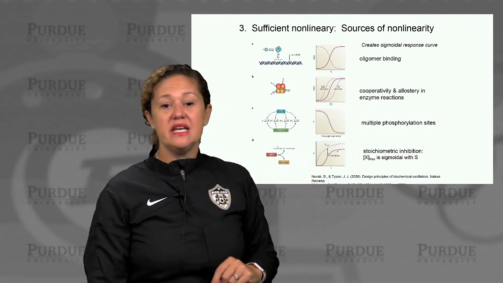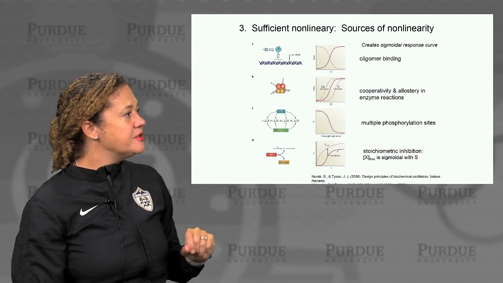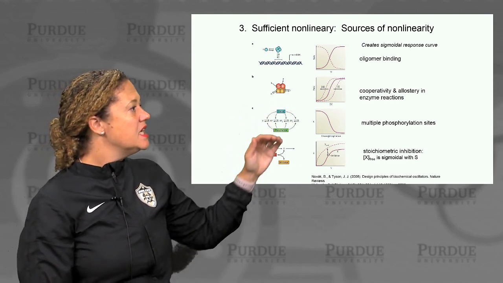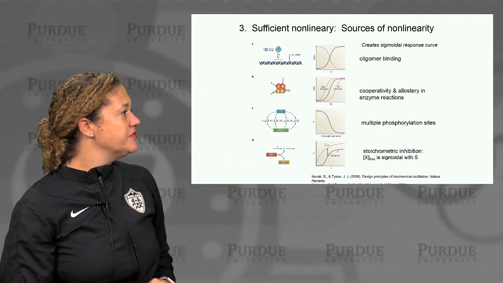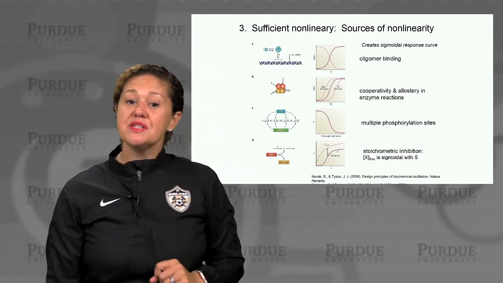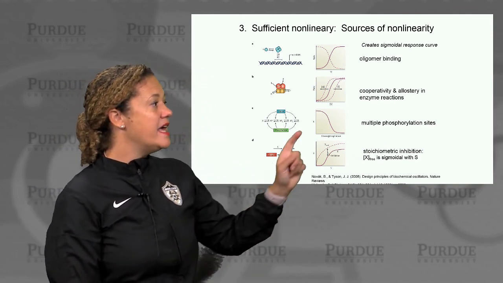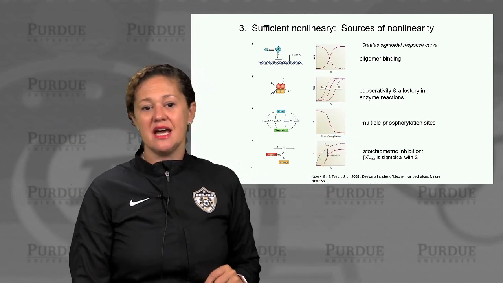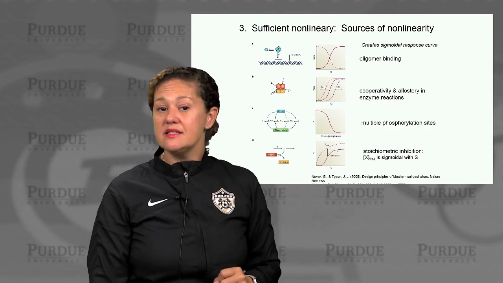Cooperativity and allostery in enzyme reactions can also put, again, this curvature in our transfer function, essentially. Multiple phosphorylation sites: we will see this in our next lecture when we look at the period timeless model and how multiple phosphorylation sites play a role, in this case, in generating nonlinearity as well as some delay.